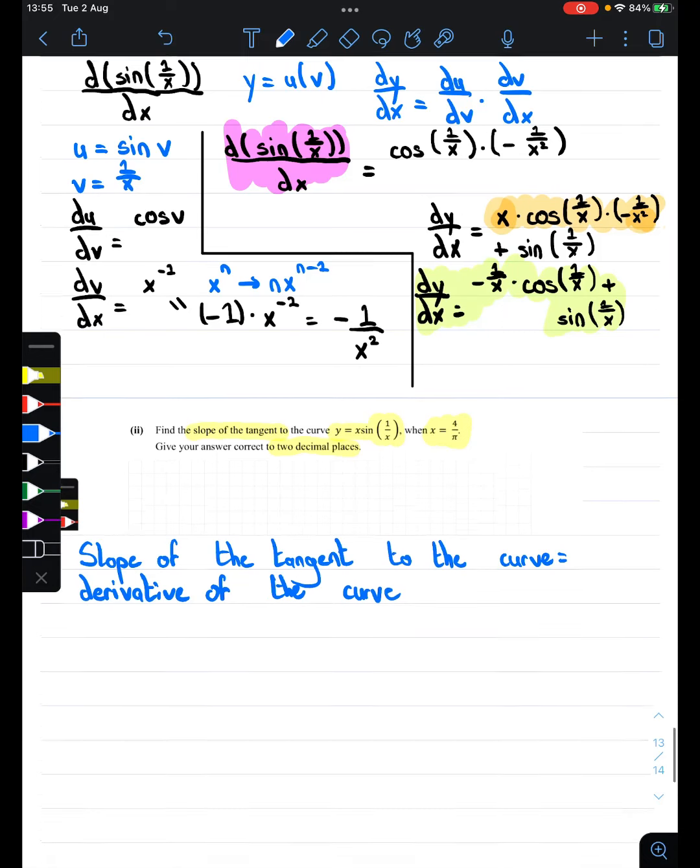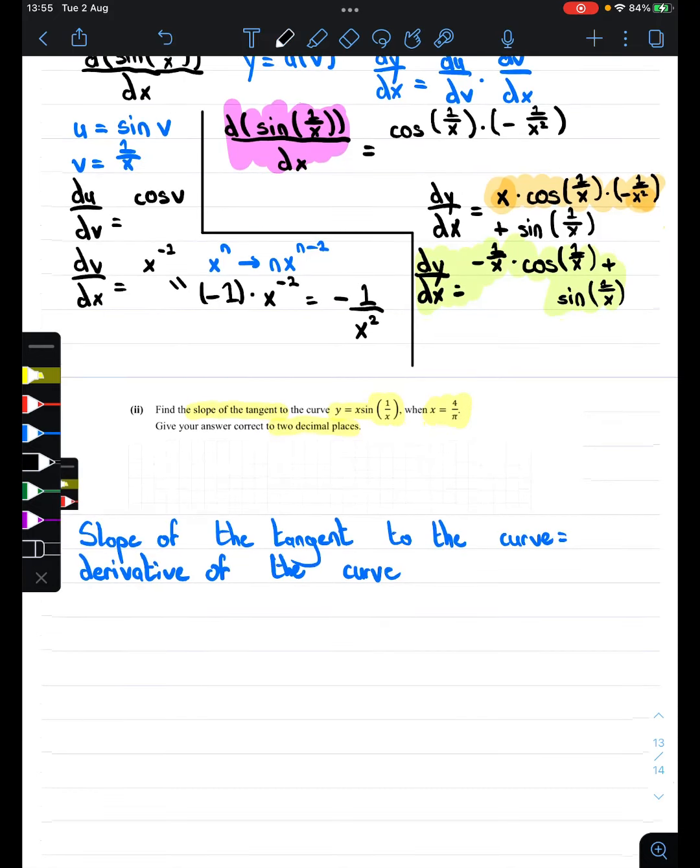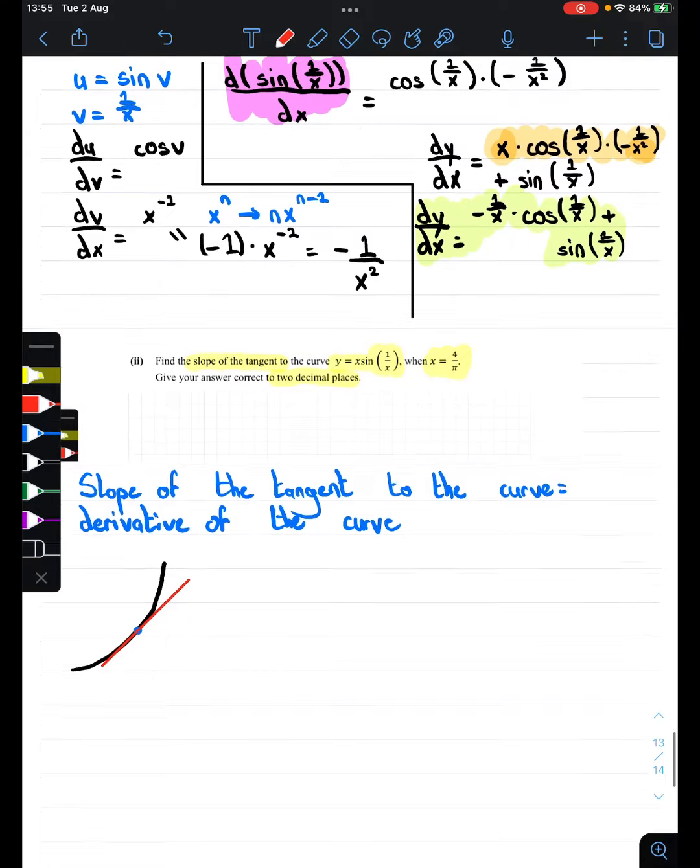So it's the slope of the curve. So if we have a curve here, then the derivative here is just the instantaneous slope, which is this, which is also the tangent to the curve.